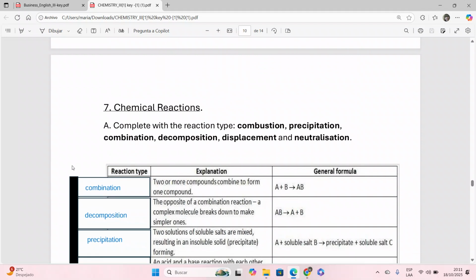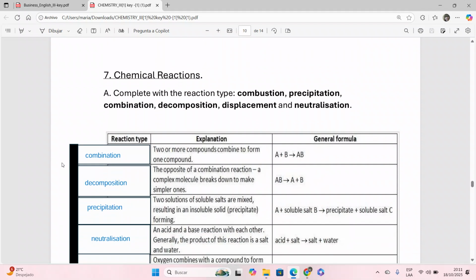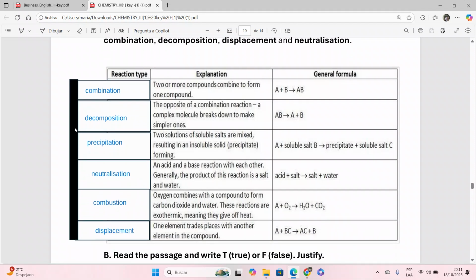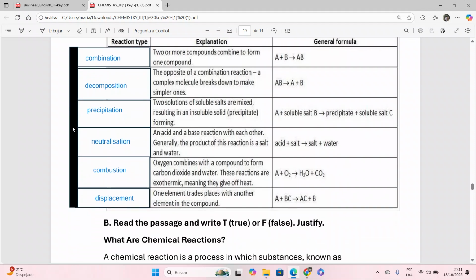7. Chemical reactions. Complete with the reaction type. Combination: two or more compounds combine to form one compound. Decomposition: the opposite of a combination reaction, a complex molecule breaks down to make simpler ones.